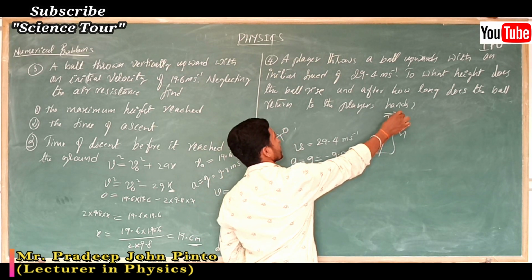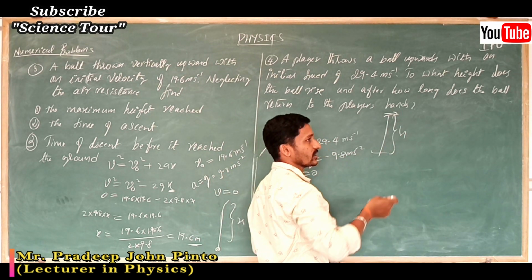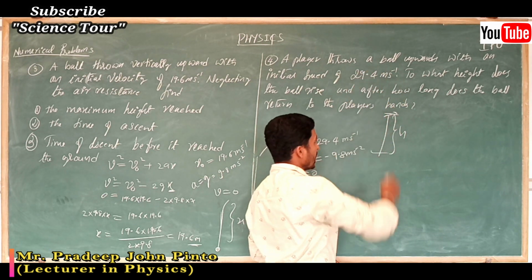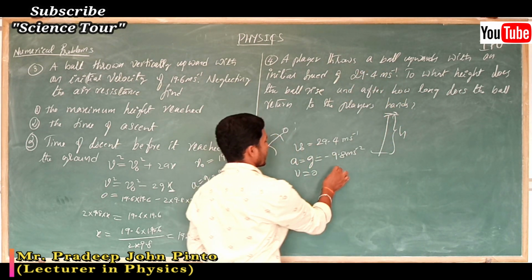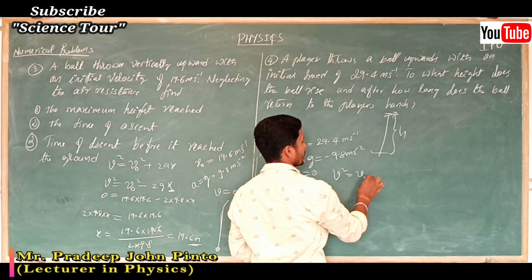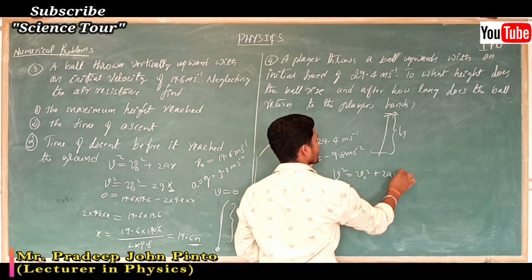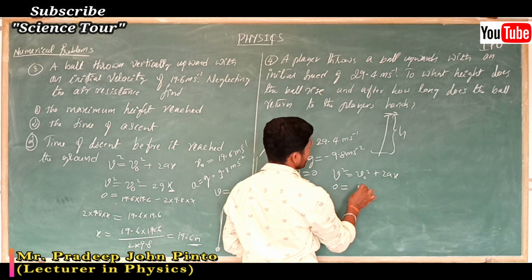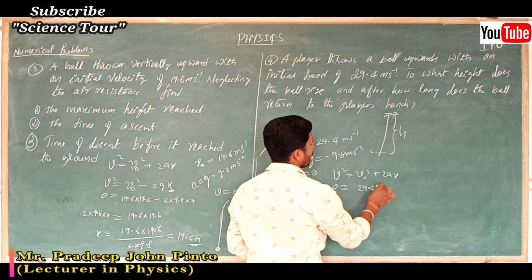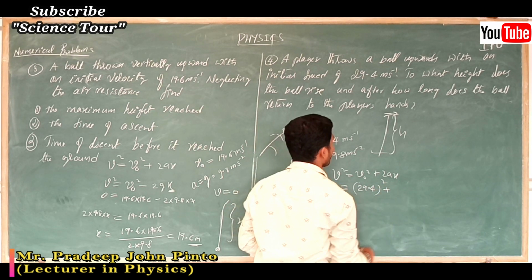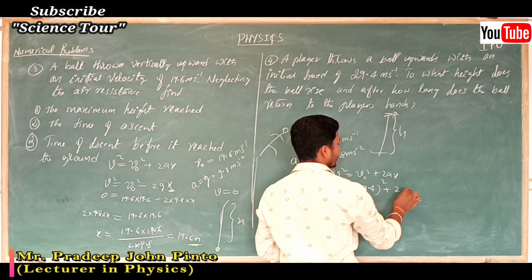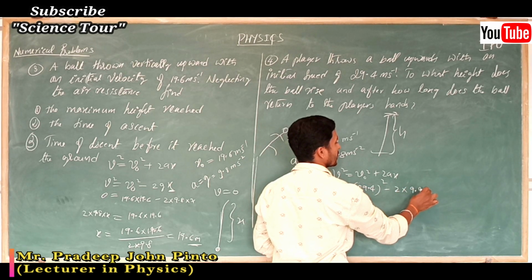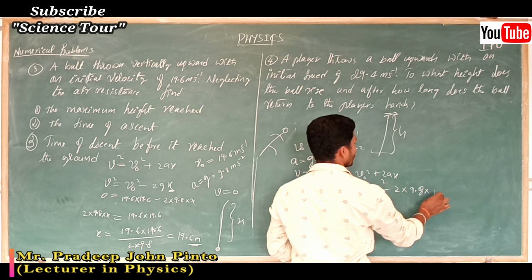When the player throws the ball it goes up, the velocity decreases and becomes 0. So we can write v square is equal to v naught square plus 2ax. Final velocity is 0, initial velocity is 29.4 whole square plus 2 into 9.8, because minus 9.8 it becomes 9.8 into x.